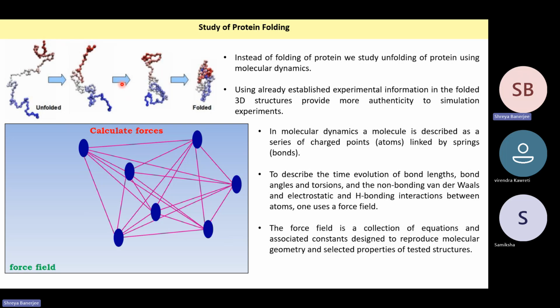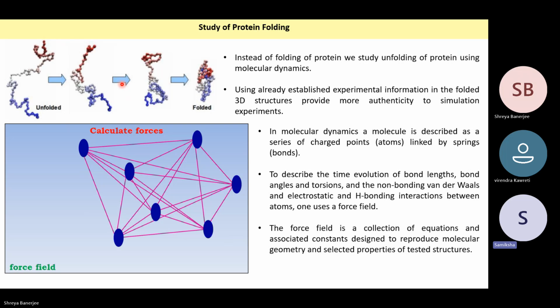If you want to study the structure of the protein in a crystal, you have to use a force field which restrains the positional coordinates, because in a crystal the atoms will not move much. So you have to define a force field which will not allow the atoms to change their positions very much. Depending on the condition in which you want to study the molecule, you have to define a particular force field.